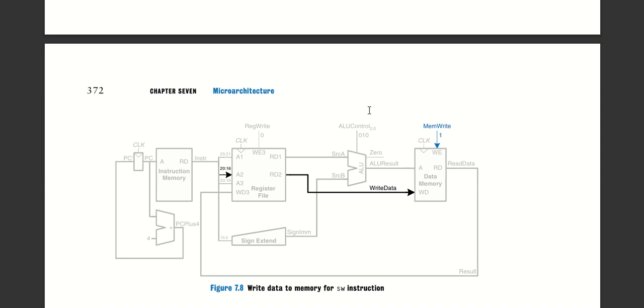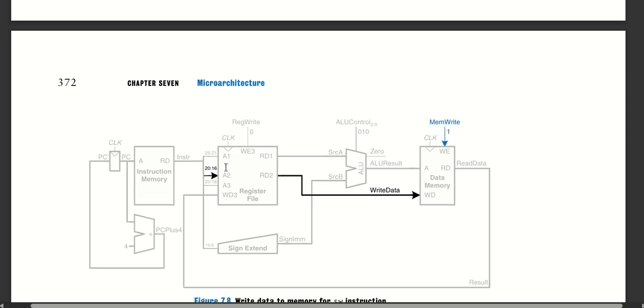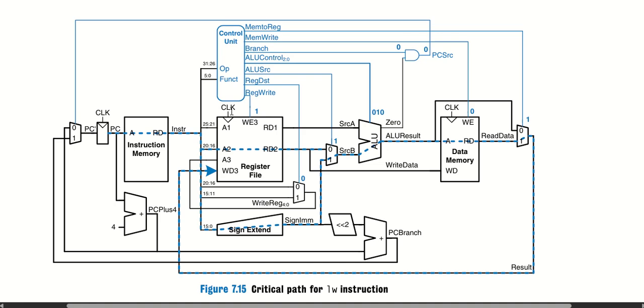When we take into consideration this one, realize that this is the load word instruction. And all the places highlighted in blue are more or less the path it will take. The blue dash lines are the path it will take.